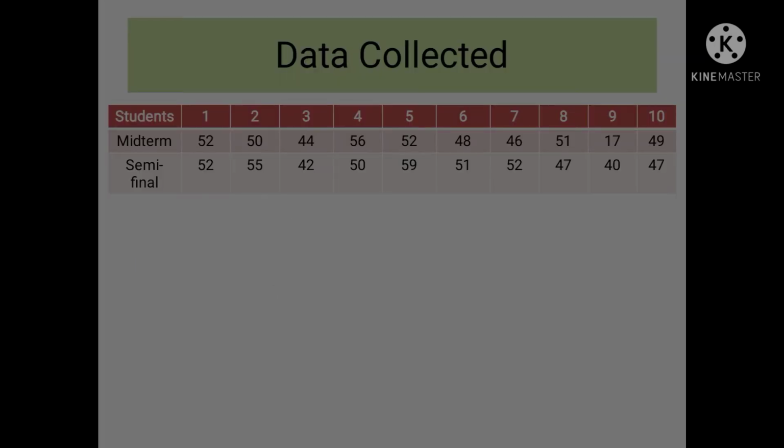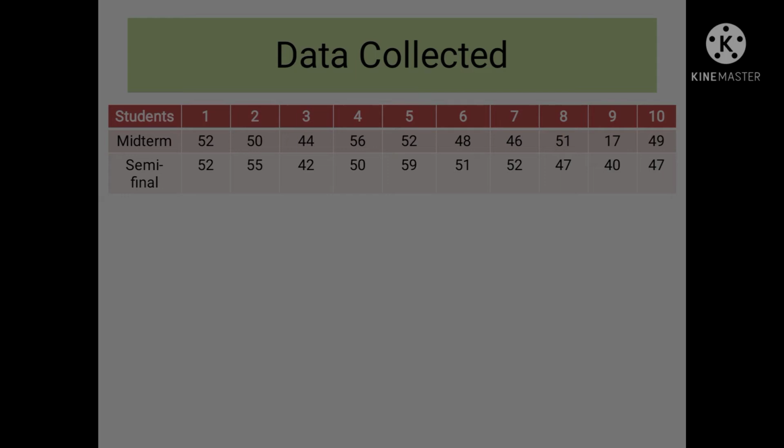Data collected. Data collection of the scores of the midterm and semifinal exam during the second semester in the subject EDUC 190. As you can see on the screen, we have 10 students and there's a score for midterm and semifinal.